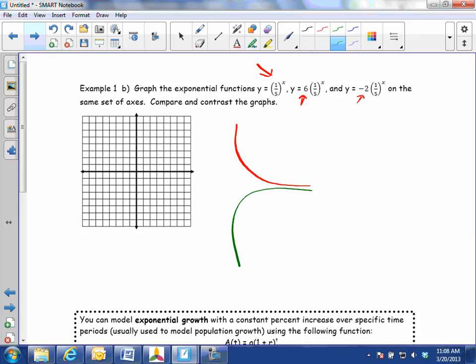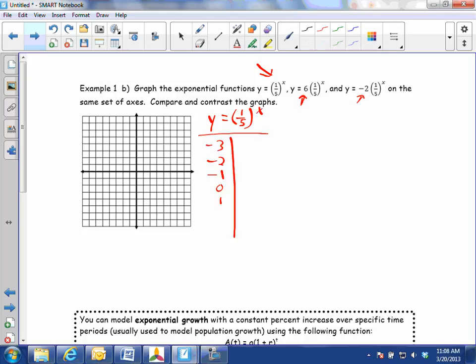Do you guys want to graph these? Do you understand what we're doing? Yeah. That's good. Let's graph it. Let's do table values, and I will just start with -3 to 3.